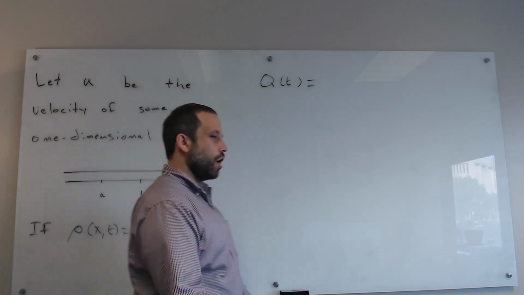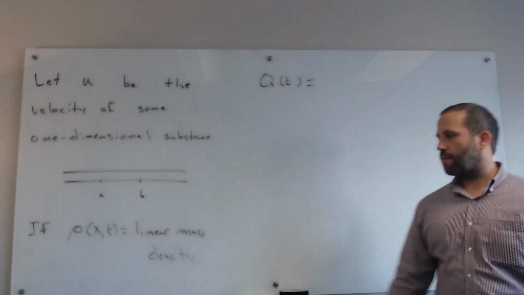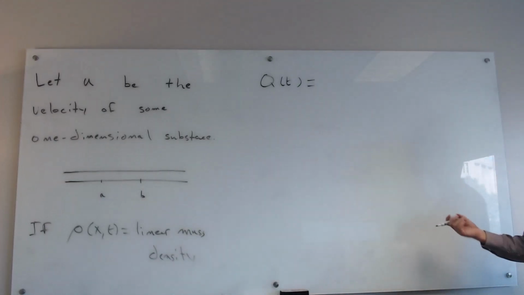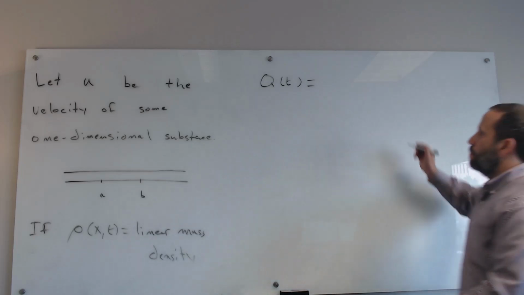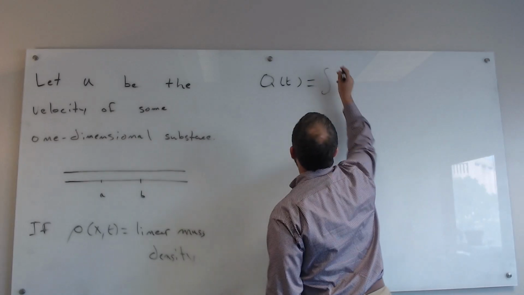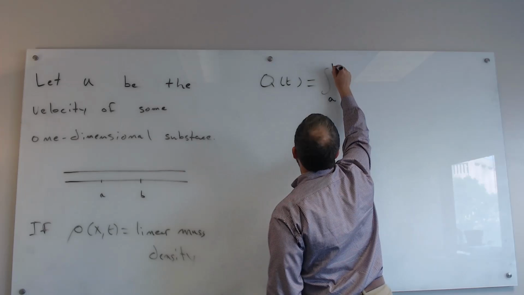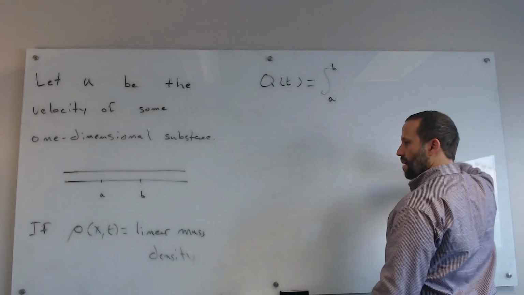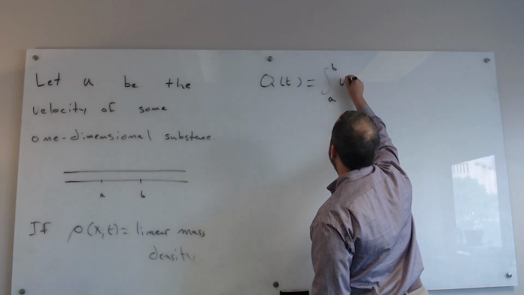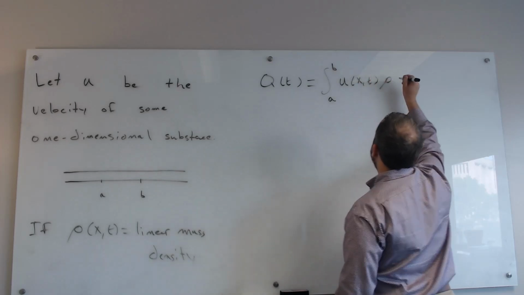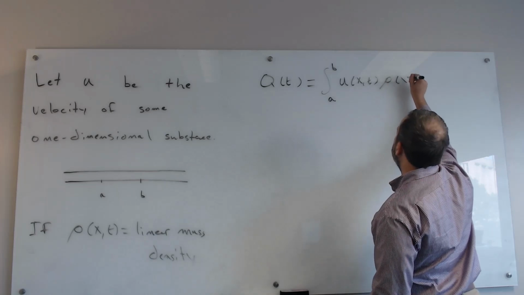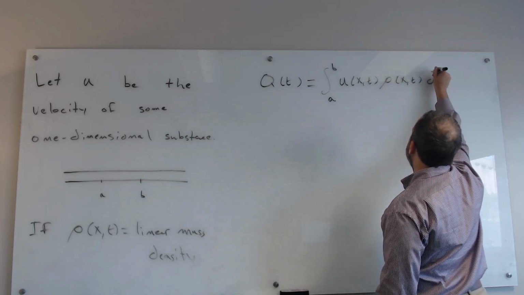Now, if it's water flowing, it's pretty clear what linear mass density is. It's the kilograms per meter or whatever. But maybe you define some other similar quantities and some other similar notions of momentum if you're modeling something else. But the momentum is going to be the integral from A to B of mass times velocity. So velocity is going to be u of x,t, and then the mass is going to be rho of x,t times dx.